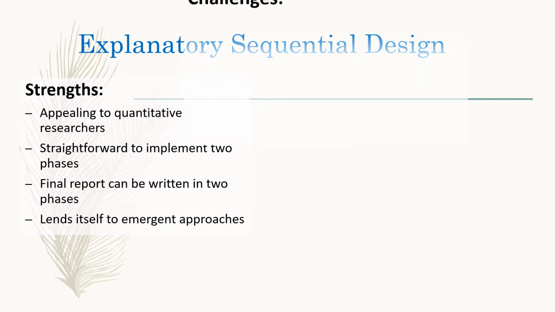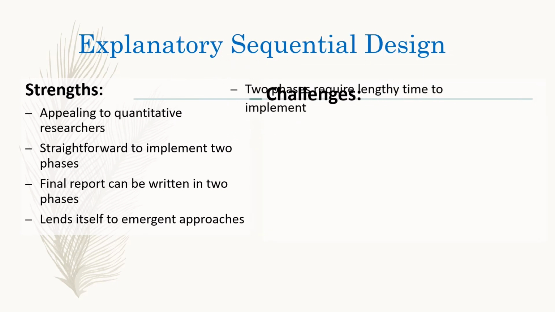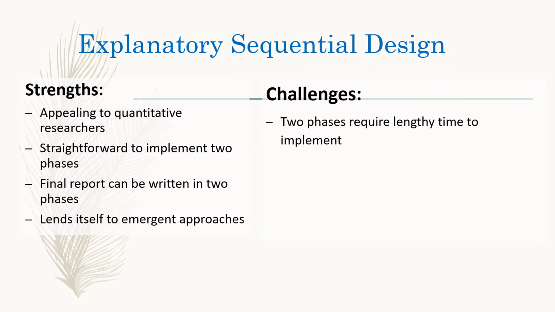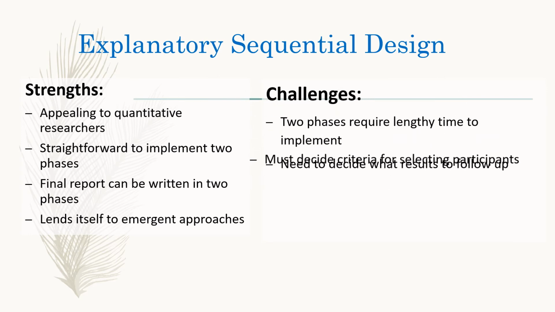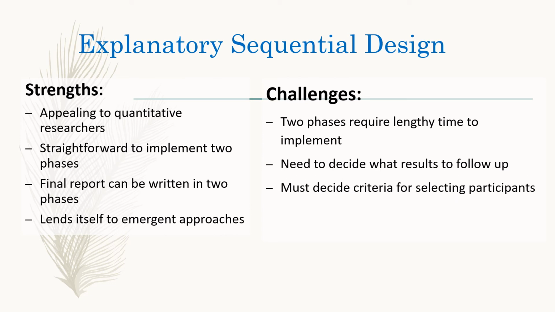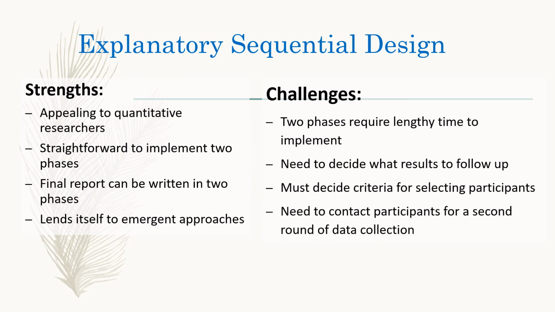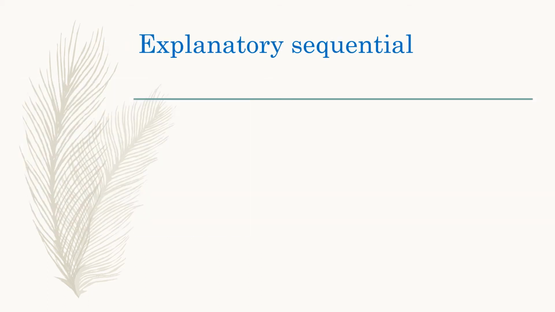What are the challenges? Number one is, of course, your two phases require lengthy time to implement. You need to decide what results to follow up, you must decide criteria for selecting participants, and lastly, you need to recruit participants for the second round of the study.